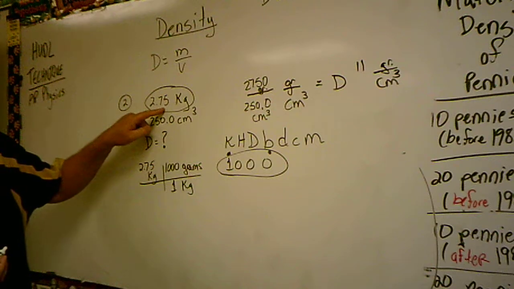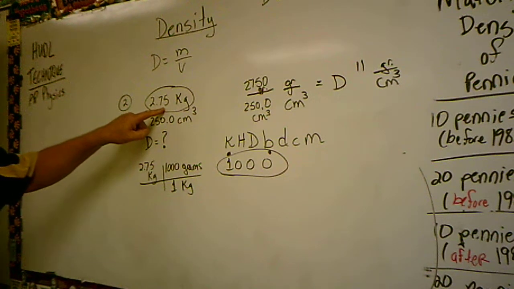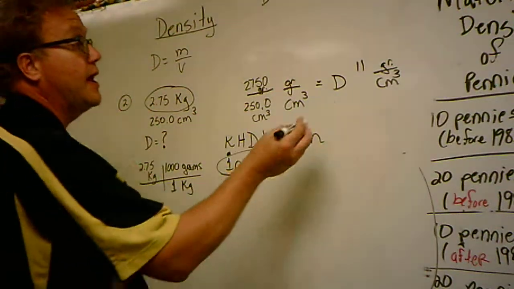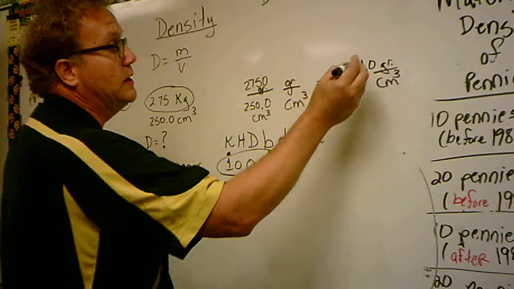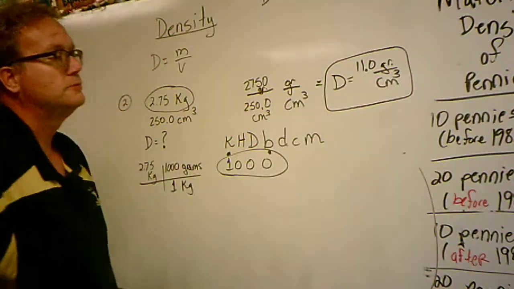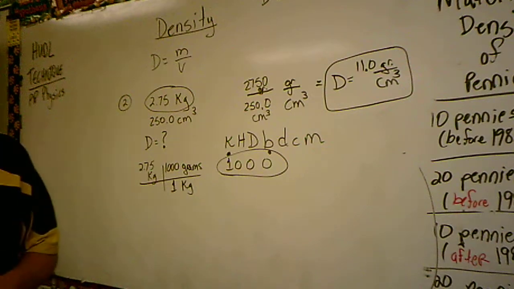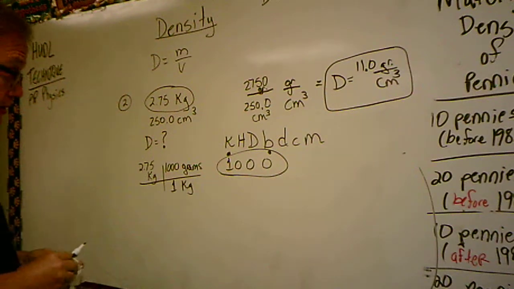This is 3 sig figs. This one's 4. We have to go with the least, so I have to add a significant figure here, and that would be my answer for the density. So apparently that sample would be more dense than water, and it would actually sink.